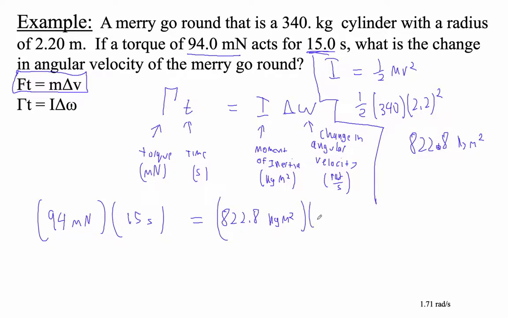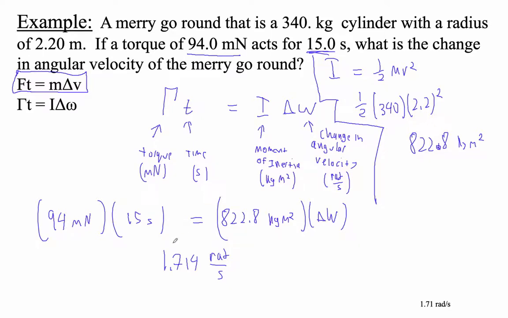And then our change in angular velocity is what we're trying to solve for, right? So 94 times 15 divided by the number I just got, the 822. I'm getting 1.714 radians per second.